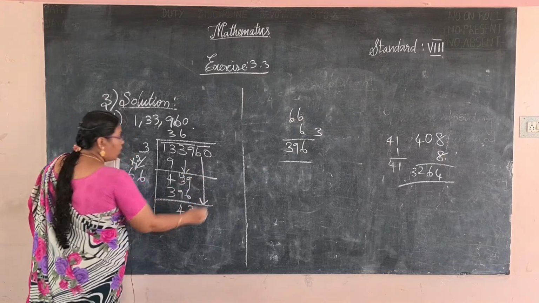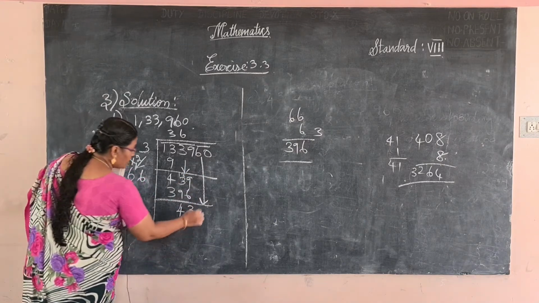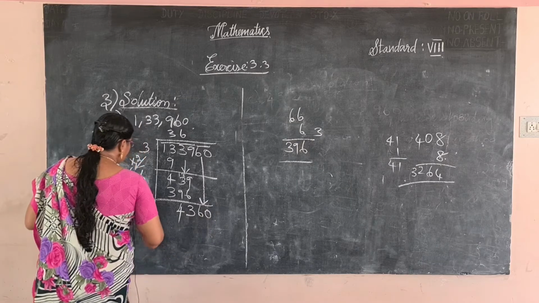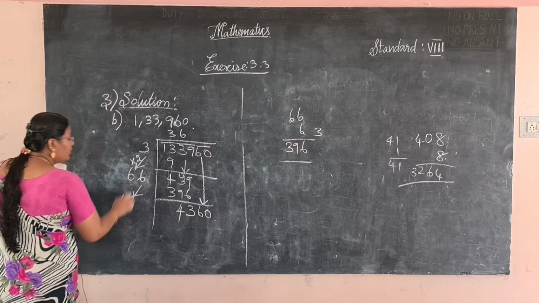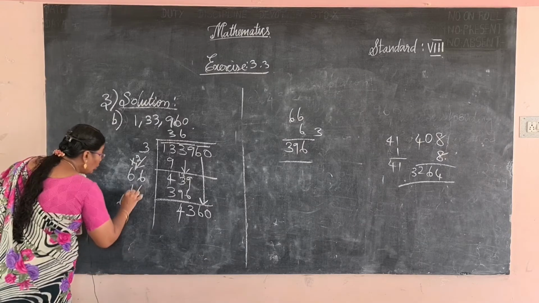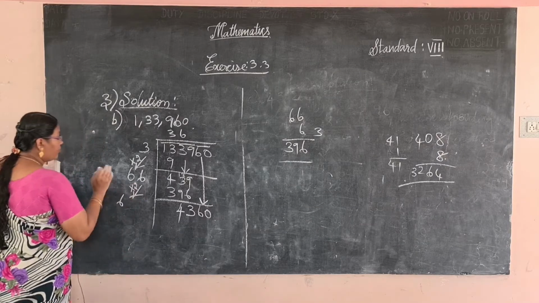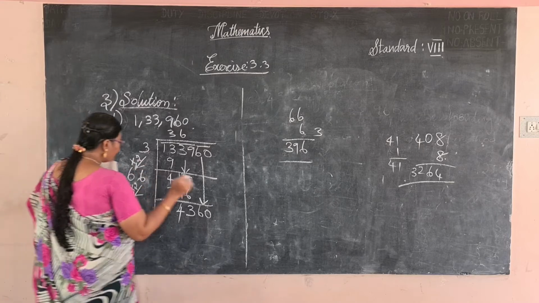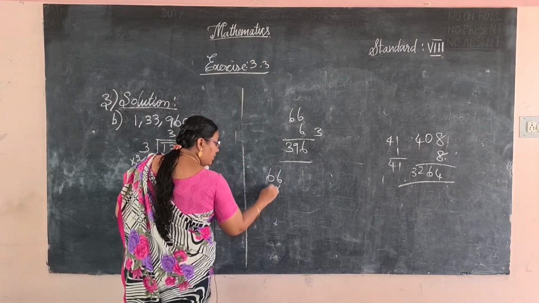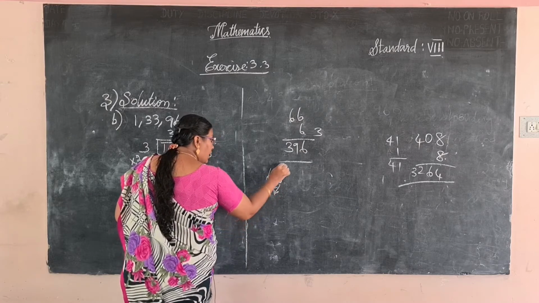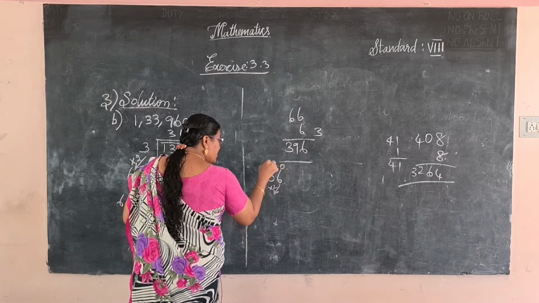Now bring down the next pair, 60. Here the divisor is 6, and the second term will be multiplied by 2. So listen carefully. This is the ones place and this is the tens place.